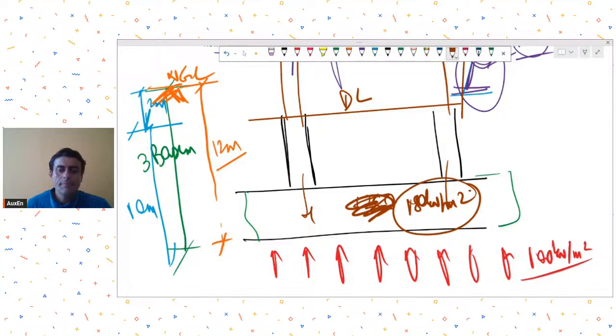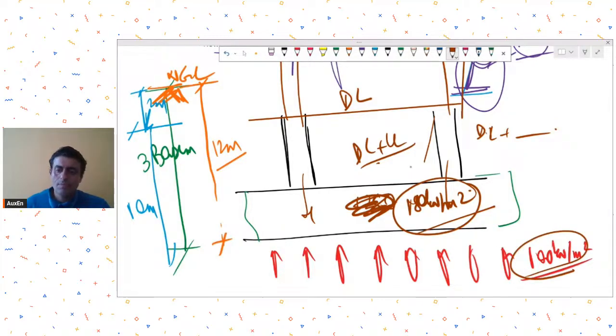Okay, and let's say dead load plus live load maybe. Someone may argue that full live load is not possible, so dead load plus some percentage of live load maybe. So this is the bearing pressure. Compared to that, take this uplift. It's quite low as compared to the bearing pressure that will be exerted below the raft.